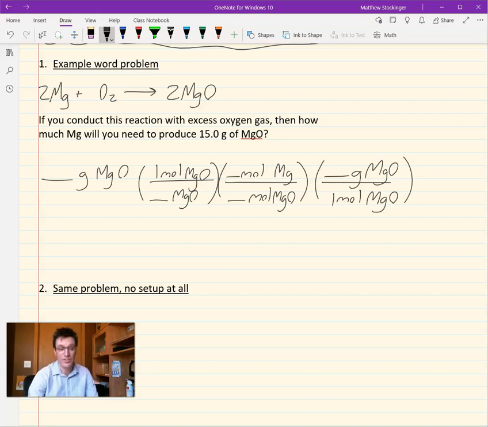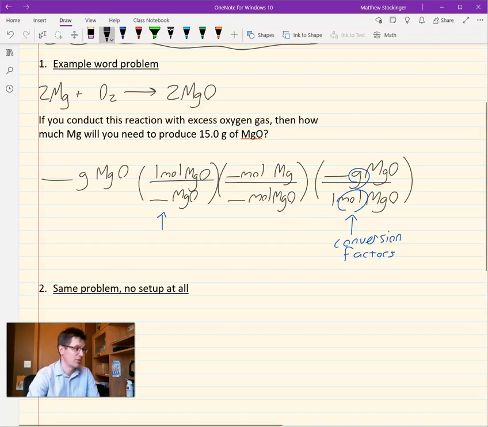Okay, so you've got this whole thing copied down. A reminder, a refresher: these two blanks on the sides here are called conversion factors, because we are converting from moles to grams, or, I forgot to put it in here, from grams to moles on the other side. When you have a conversion factor, you go to the periodic table to figure out those numbers.